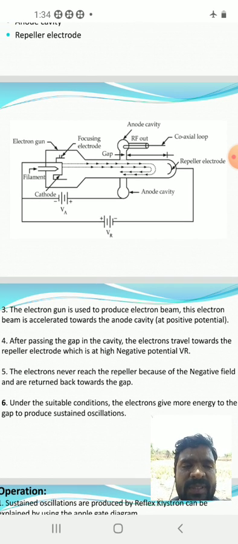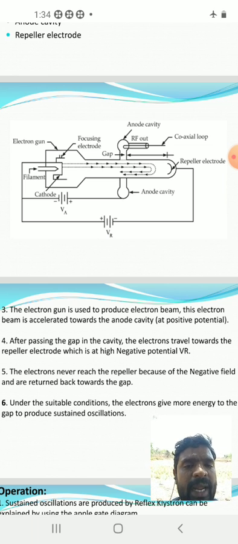Here, transit time means the time taken by the electrons from the cathode generator towards the repeller space and the air gap. Electrons generated from the cathode are transmitted to the repeller space and return back to the air gap at the anode cavity towards the outside.